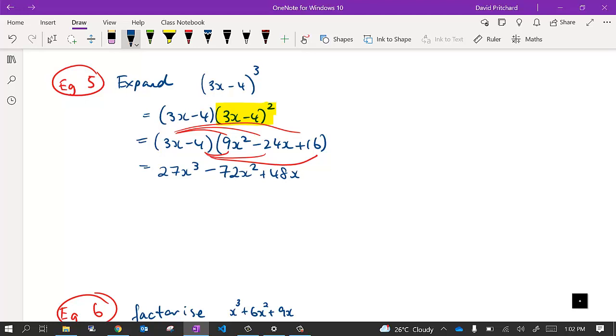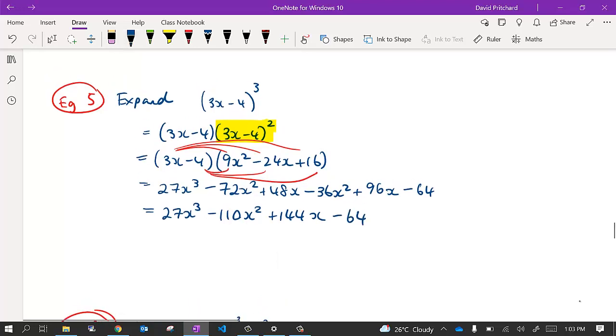So that's negative 36x squared, plus 96x, and then subtract 64. Now when we simplify all of this and we put it back together, we've got 27x cubed, negative 110x squared, plus 144x, subtract 64. Okay, painful but manageable.